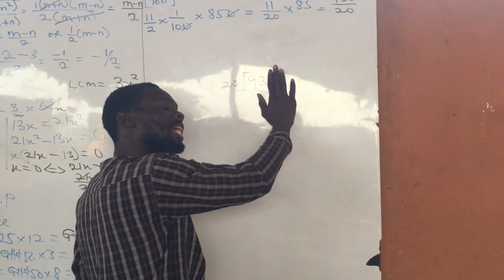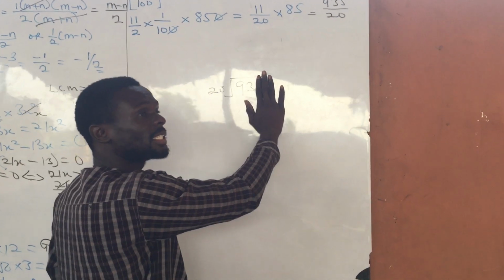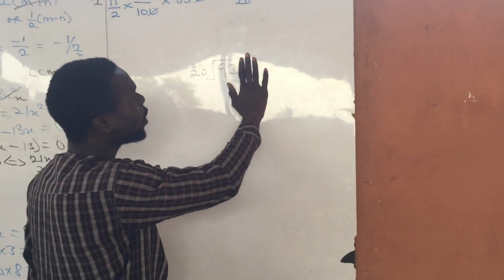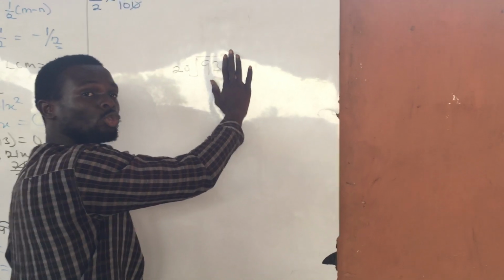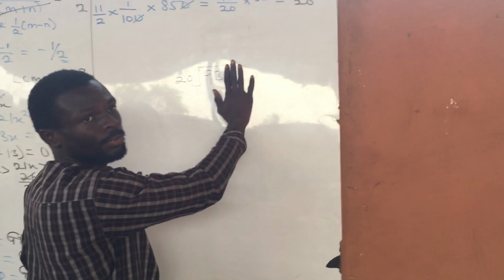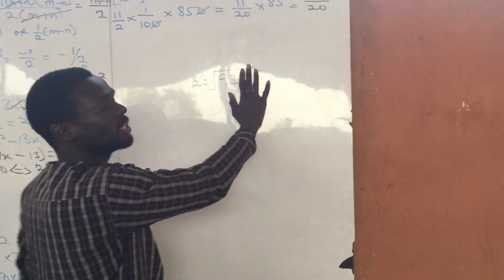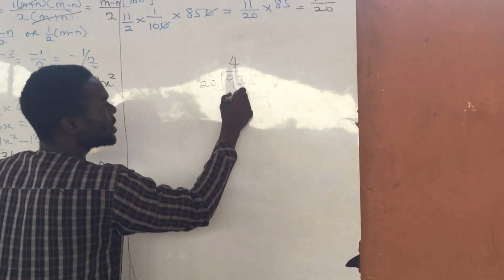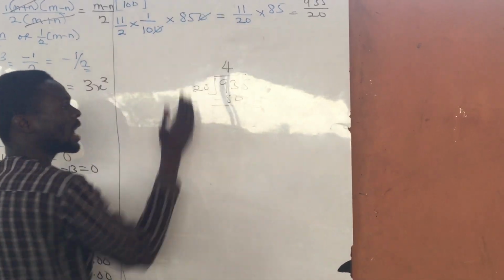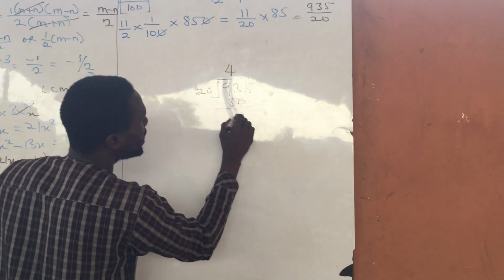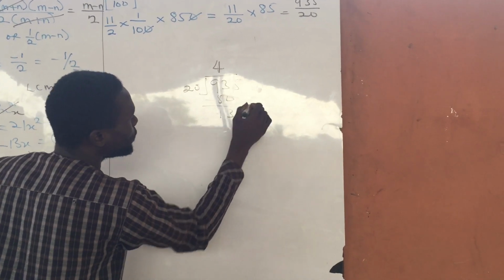If we recite our times table, we will notice that 2 times 4 is 8. So we can say 20 times 4 is 80. So we are going to say 4 times, this times this is 80. You subtract. When you subtract, you are left with 1, 3, 5.